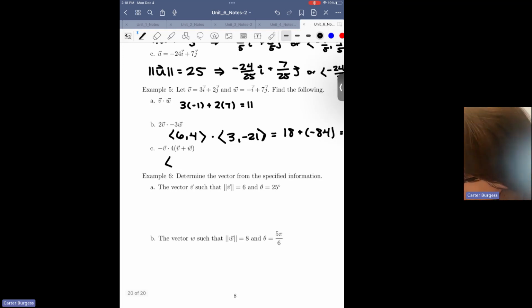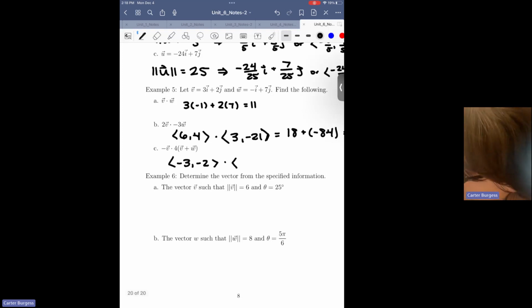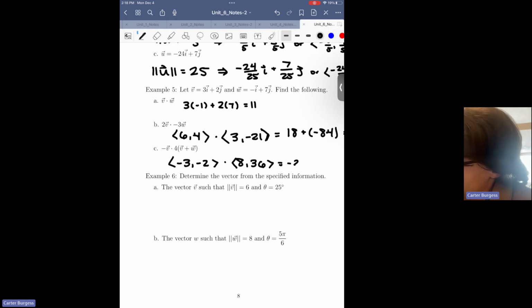Negative v is going to be negative 3, negative 2. V plus w is going to be 2, 9. We said that earlier. And then times 4 is going to be 8, 36. Taking the dot product here, this is negative 24 plus negative 72.